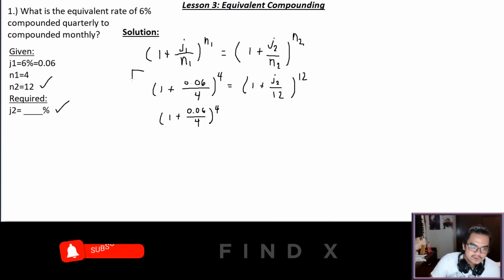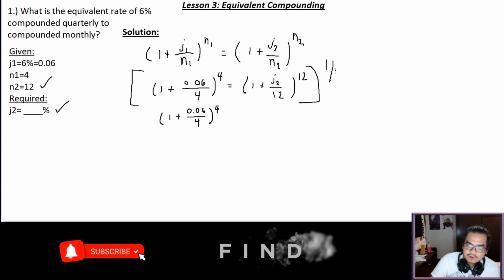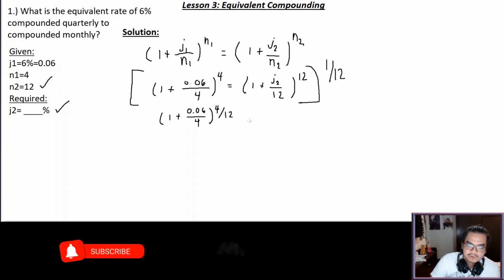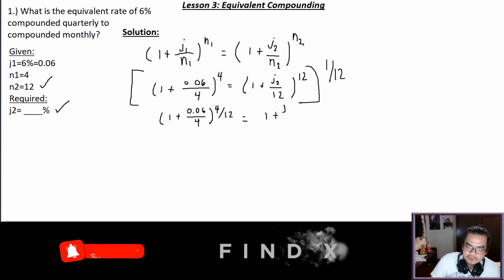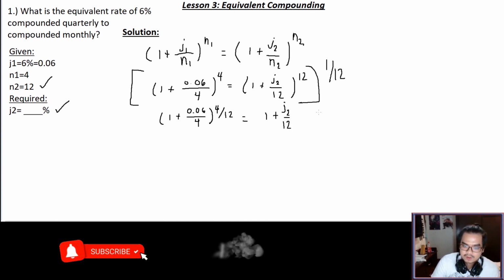So raise all of this by 1 over 12. Now this will become 4 over 12, right? This will equal to 1 plus J2 over 12. Now the 12 over 12, that is just 1.